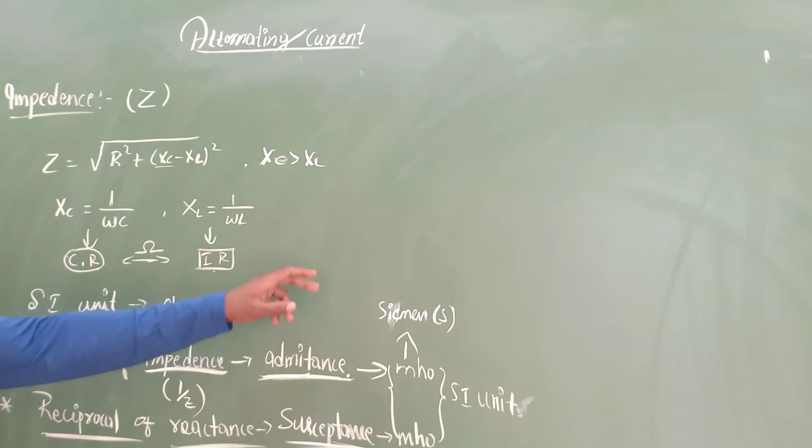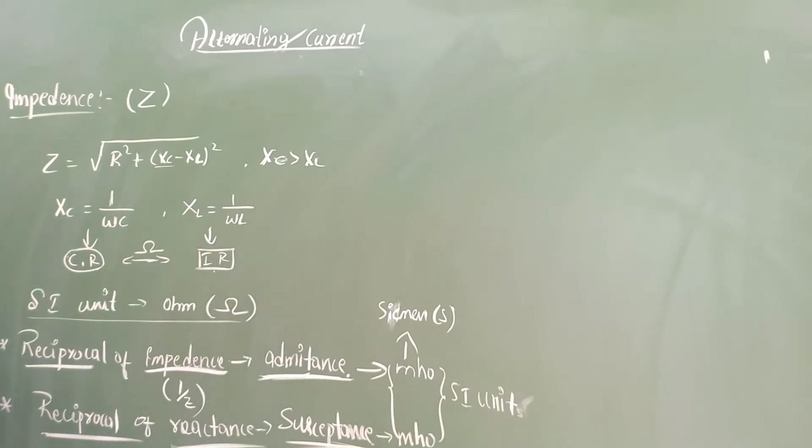Now if I want to represent the values of admittance and impedance by using a right-angled triangle, we derived this expression. Right there we took sine, cos and tan, by using the phasor diagram.